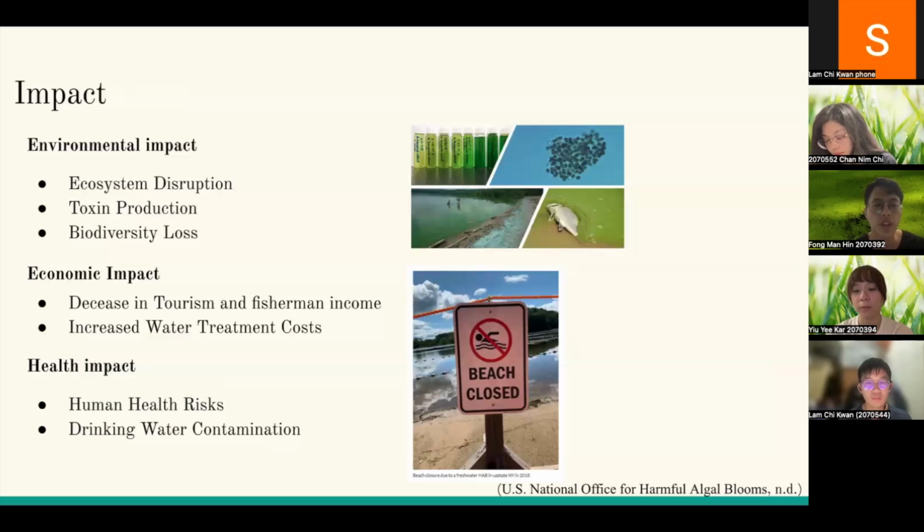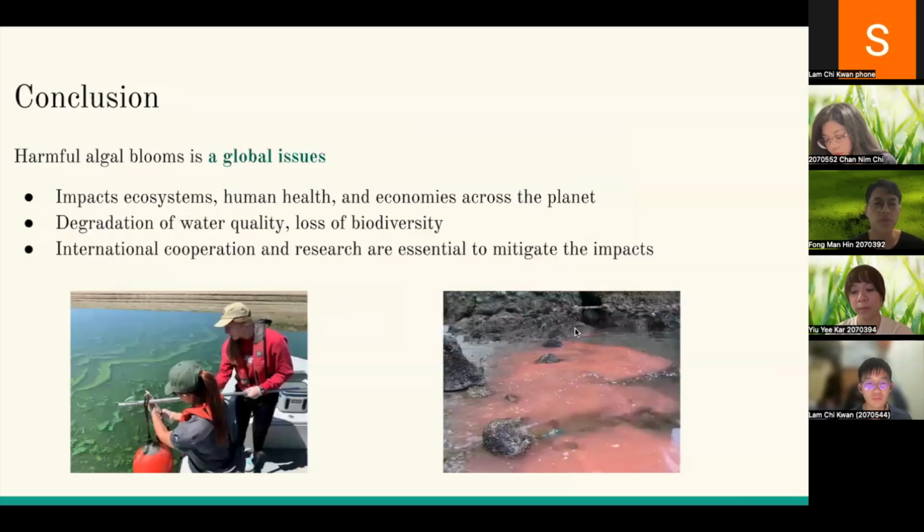For example, in 2014, a major algal bloom in Lake Erie led to a temporary water advisory for Toledo, Ohio, affecting over 400,000 residents. In conclusion, algal blooms represent a significant global issue that impacts ecosystems, human health, and economies across the planet.